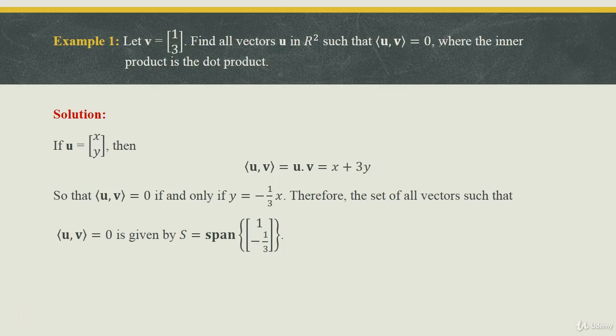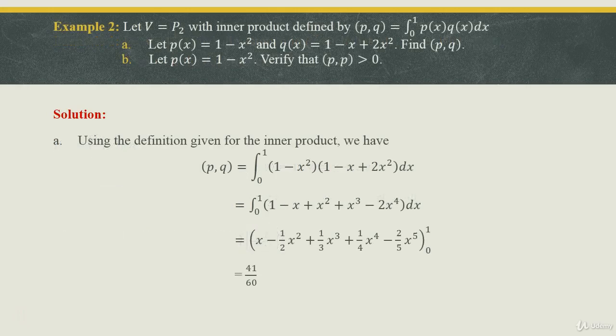So the inner product of U and V is equal to 0 if and only if Y is equal to minus 1/3 X. Therefore, the set of all vectors such that the inner product of U and V is equal to 0 is given by S, which is equal to the span of the matrix containing 1 and minus 1/3. Now let's take another example.